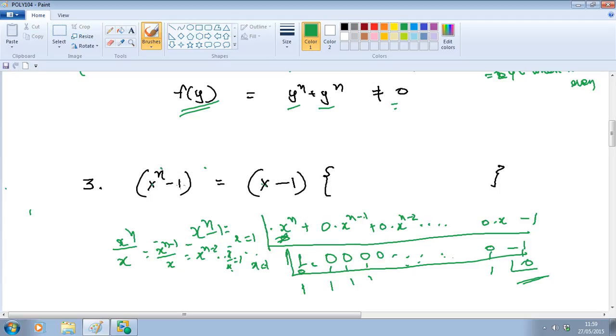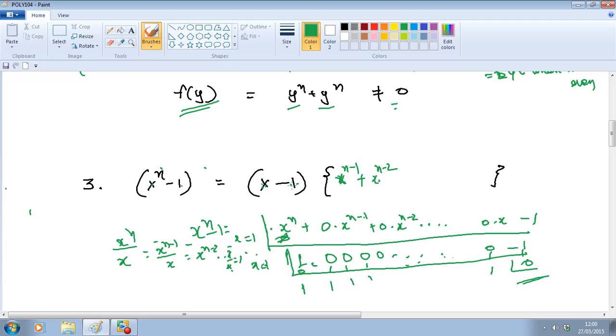What is x to the power n minus 2 multiplied by x? If you multiply x by x to the power n minus 1, this is plus, and you get this extra term minus x to the power n minus 1. So what you do, you put x to the power n minus 2 now. x to the power n minus 2 multiplied by x becomes x to the power n minus 1.